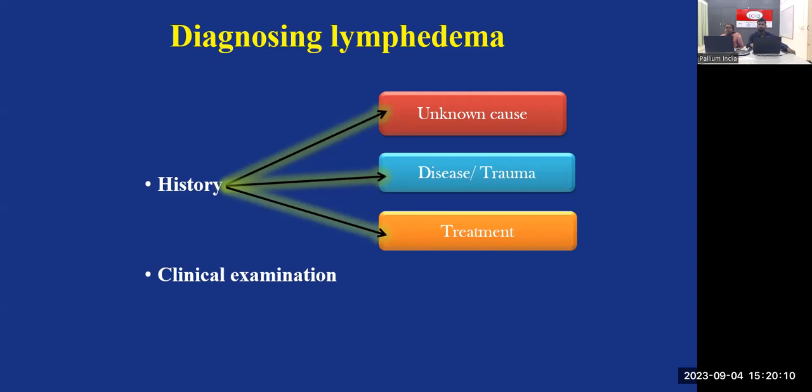The second major point is clinical examination. When we take a proper history, you will get an idea about what kind of edema it is. Then definitely you have to do the clinical examination.